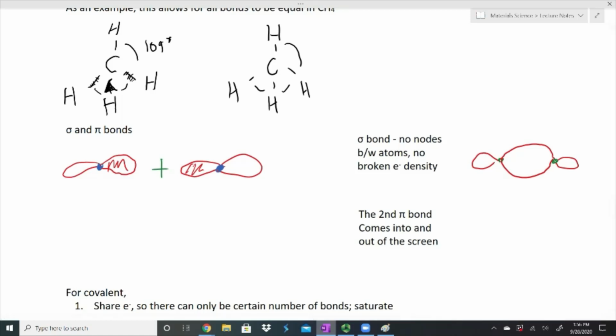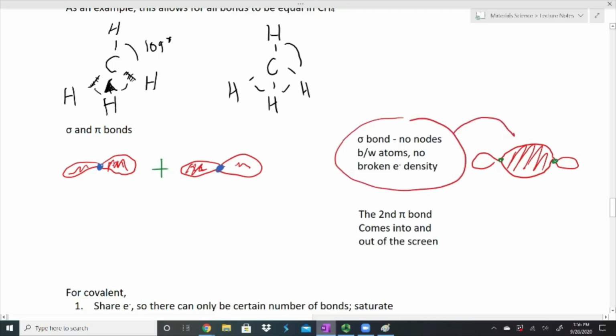And that is a bond because the electrons that are sitting in these orbitals, and the electrons could be over here as well, they overlap. And that's what we get here. We get this overlapping. And so we get a bond, and we call this our sigma bond. And what a sigma bond means is there's no nodes between the atoms.